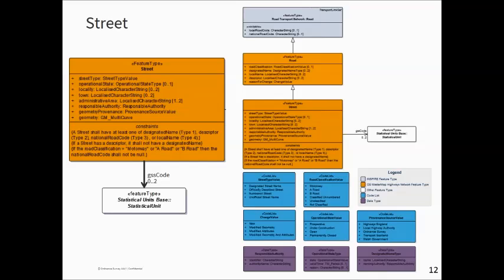And finally, an operational state attribute, which should give you an indication of the physical nature of the road, if it's under construction or if it's open, or if it's temporarily closed. You will have this information populated in the operational state attribute. Locality represents the populated place, representing the locality that the street is located within.